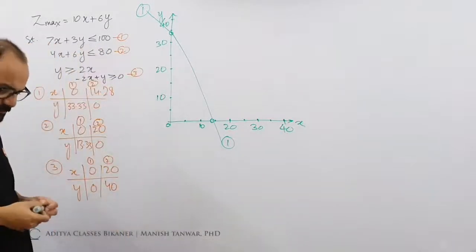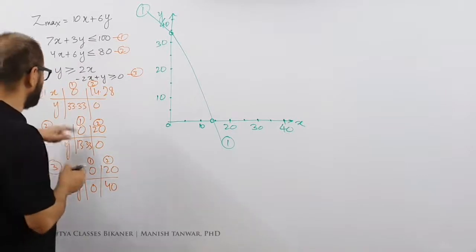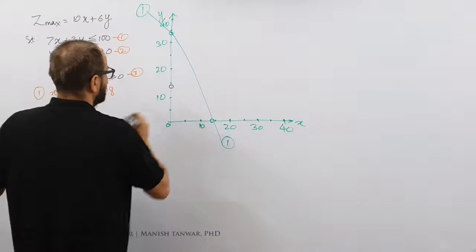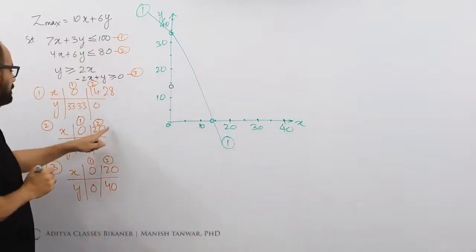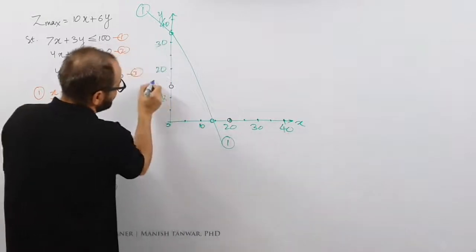For the second constraint, we'll make use of some other color. x 0, y is 13.33. Then y is 0, x is 20. This is our second constraint.